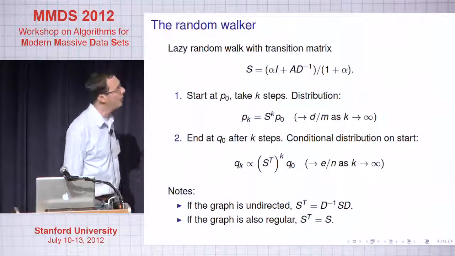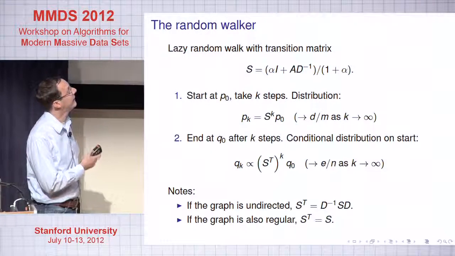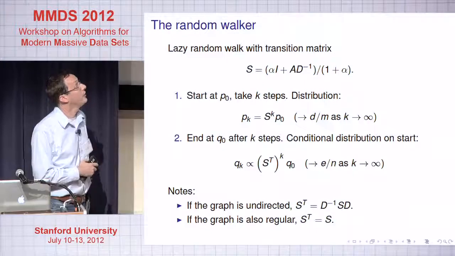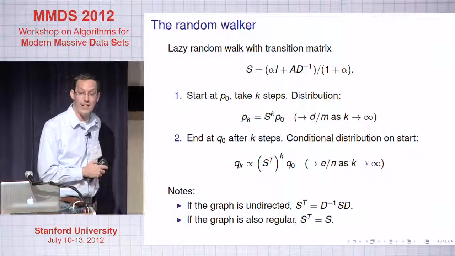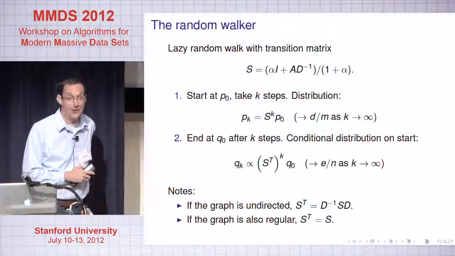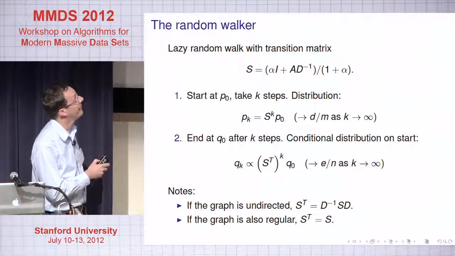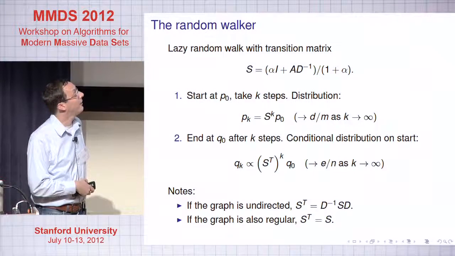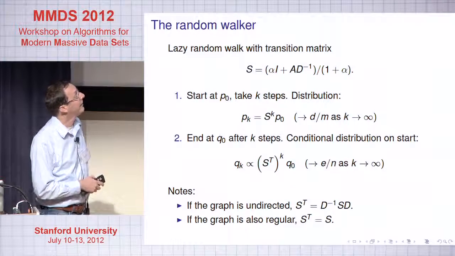Okay, so I can look at this in terms of matrices. I take my transition matrix for a random walk. Since I'm a numerical linear algebra guy, I work with column vectors, so I've got D inverse over there rather than on the other side. Alpha is some self-transition probability.